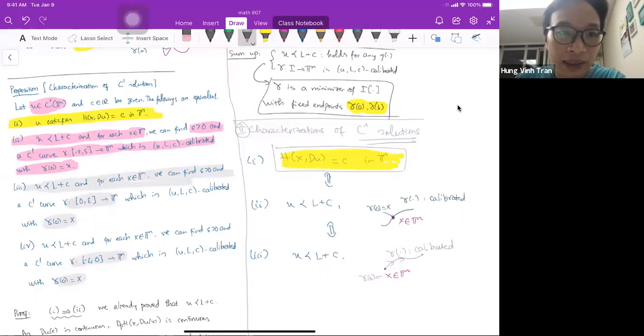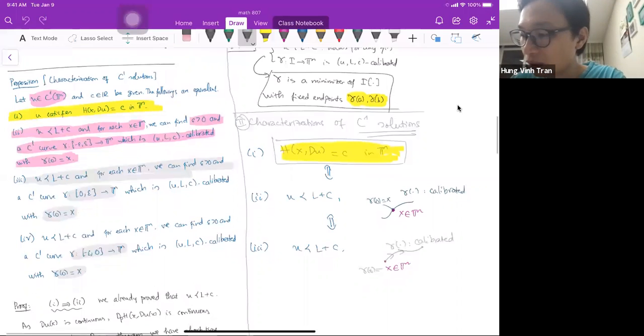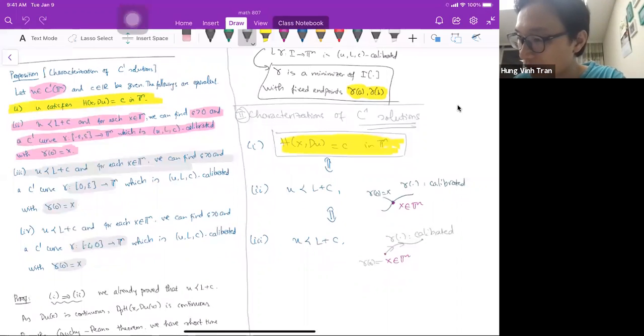What's going to be interesting is that for any point there's a small local calibrated curve passing through that point if your solution is C1. Later on we're going to talk also about this, and there are lots of hidden things here. But for now, I just want to mention the statement, nothing more than that.